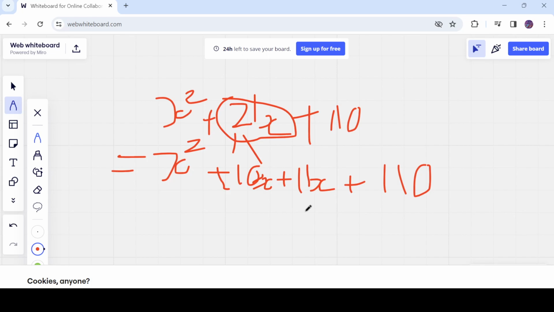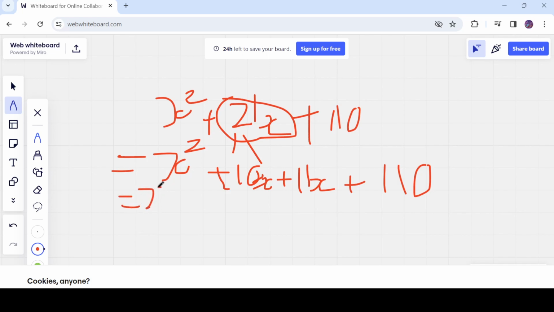Now how do I do that? What I want to do here is get two similar values that I can take common, just to simplify the equation a little bit more.